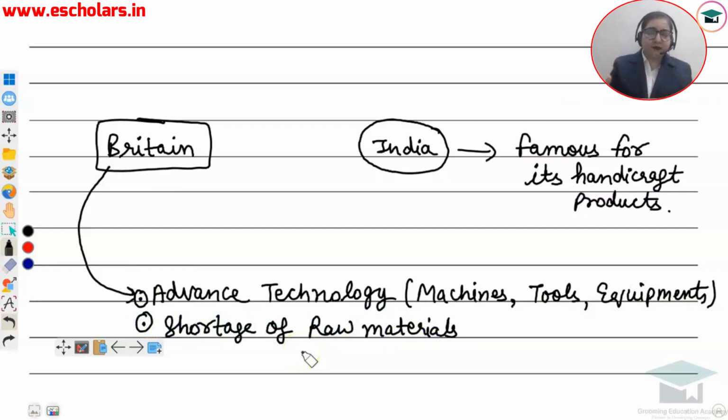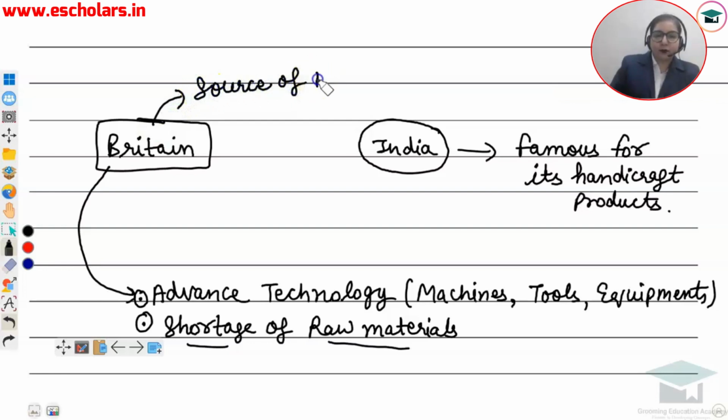As we know, to do the production of goods and services, a country requires technology as well as raw materials. So Britain was in great doubt that their production process would not be able to continue smoothly in the near future due to the shortage of raw materials in Britain. So Britain was in search of finding a source of supply of raw materials.